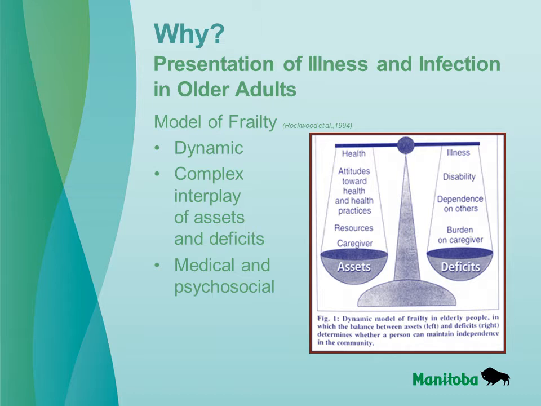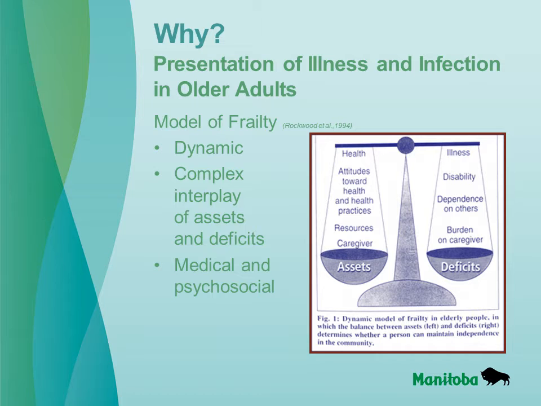In this model, published by Rockwood and Associates in 1994, pictured in the lower right-hand corner of the screen, we see assets on the one side of the scale and deficits on the other. Assets include health, attitudes toward health and health practices, resources available to the older person, and caregiver support.